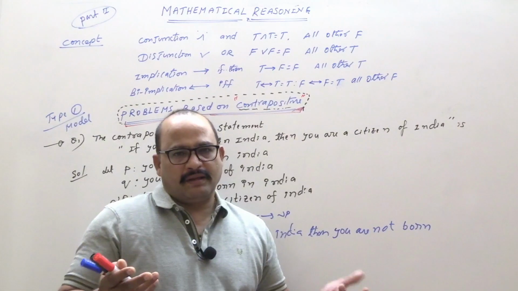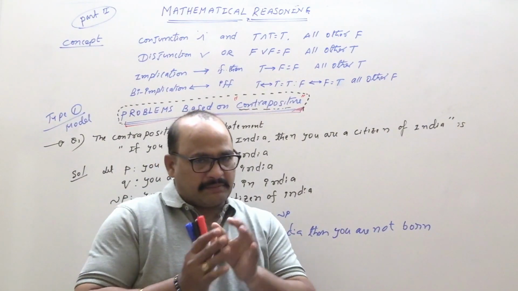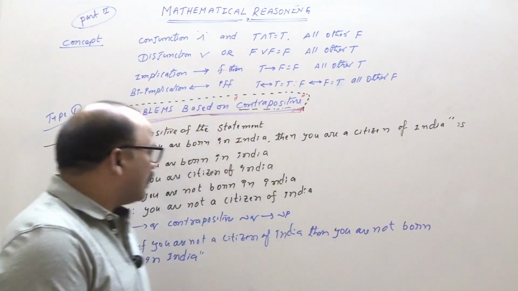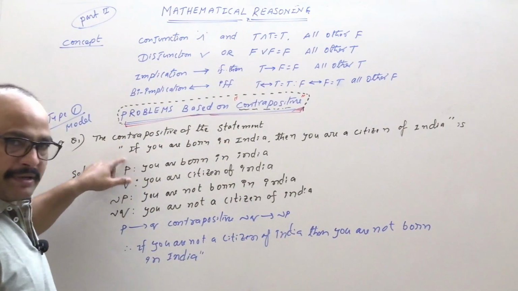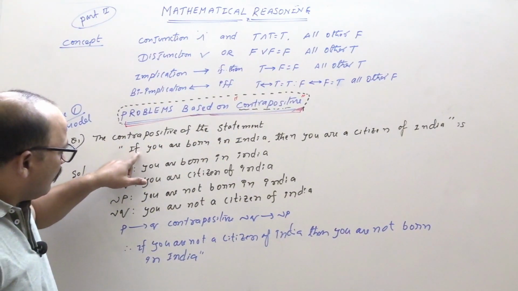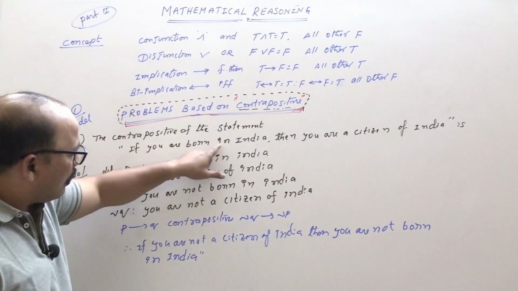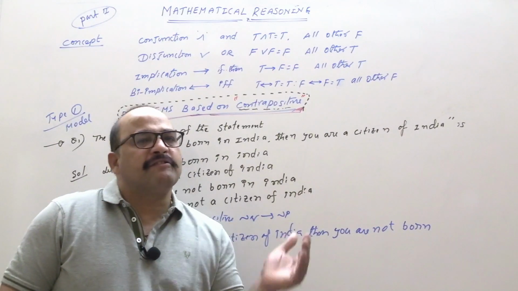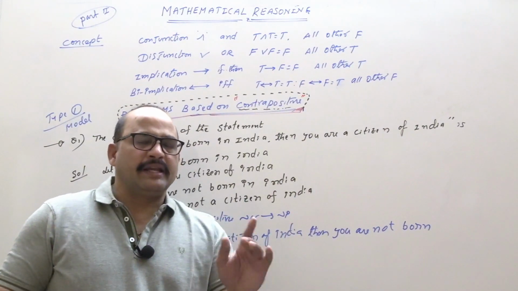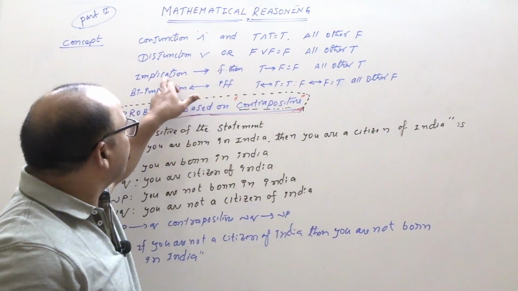Now see here, first I am giving a detailed discussion, now the concept. This is the contrapositive of this statement. One statement I am giving as a question: if you are born in India, then you are a citizen of India. If-then is called implication.